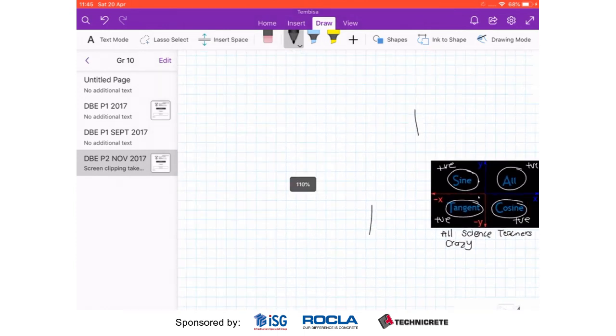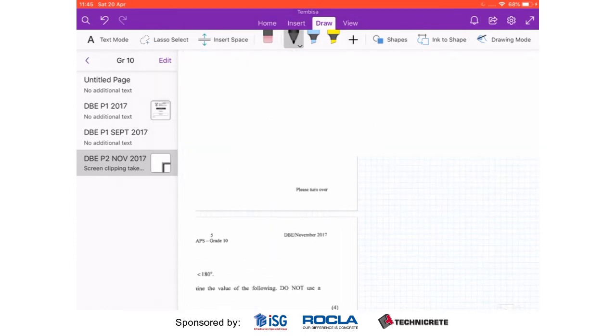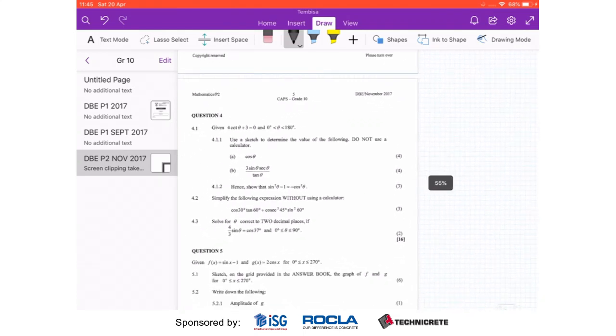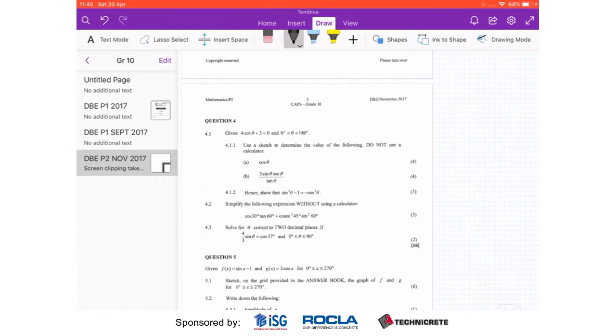Okay, so let's go back. Use a sketch. Before we use a sketch, we need to first simplify this. So it's 4 cot theta plus 3 is equal to 0. We want to isolate cot.